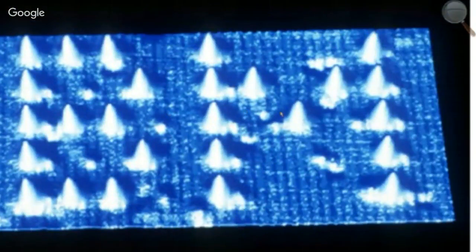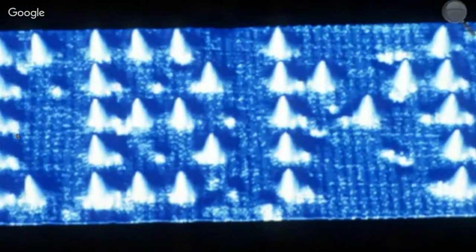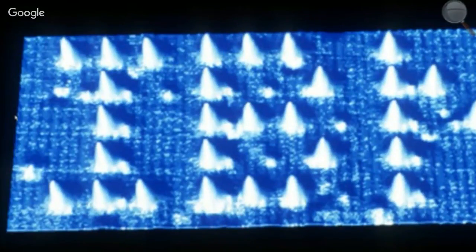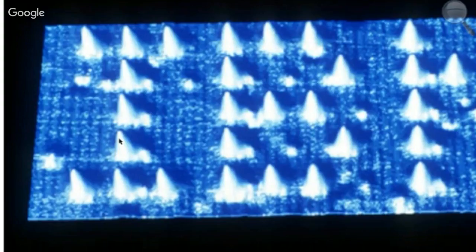So here's the best they can get looking at atoms. You can see here we've got the letter I. So are these individual atoms or groups of atoms? It's not terribly clear. So really, they look like miniature icebergs if that's the case.